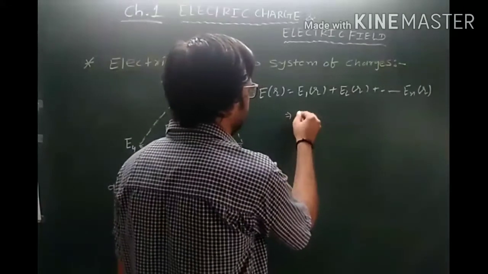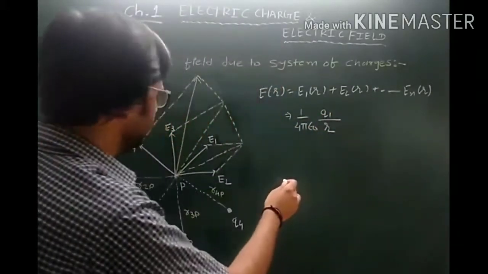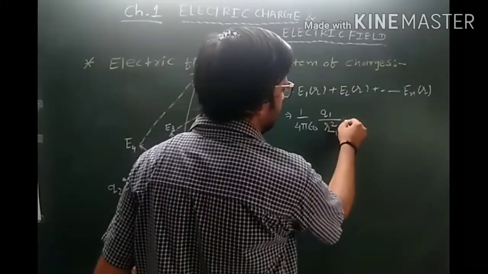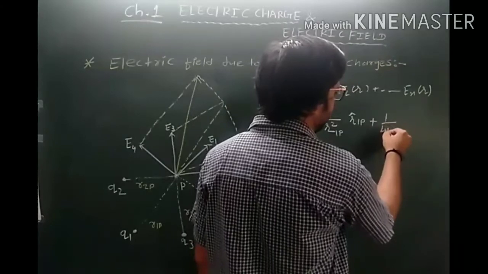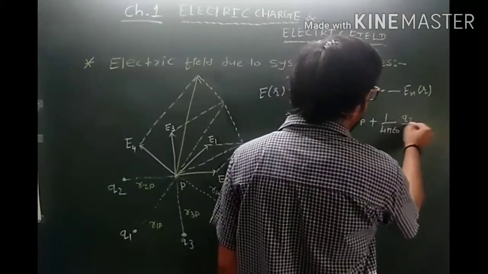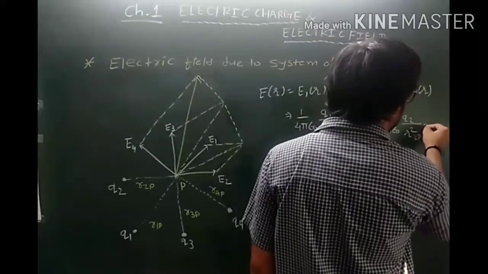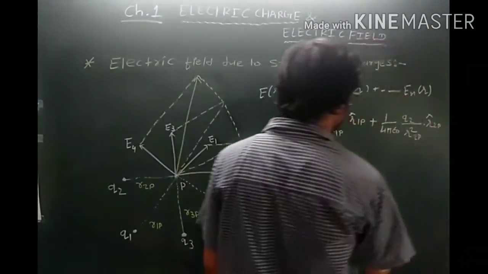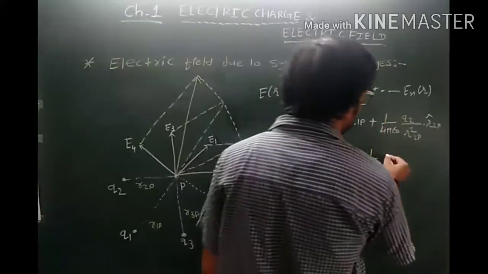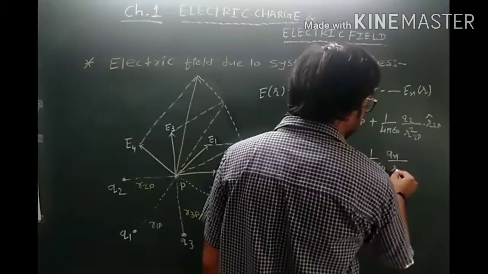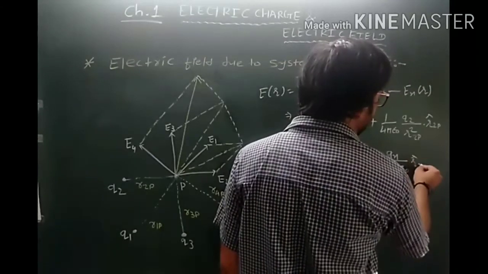E1 we already derived as 1 upon 4 pi epsilon 0 Q1 upon R1P whole square into R cap 1P, plus E2 is 1 upon 4 pi epsilon 0 Q2 by R2P square, and unit vector R cap 2P, up to En, 1 upon 4 pi epsilon 0, which is constant, and Qn divided by RnP square, into R cap nP.